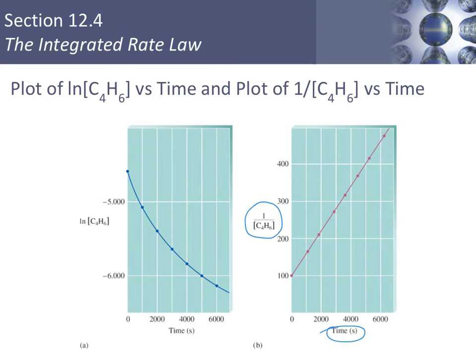Remember, we saw a straight line for first order reactions when we plotted the natural log of the concentration versus time. But you can see for this reaction, when the natural log of the reactant is plotted versus time, we do not get a straight line.